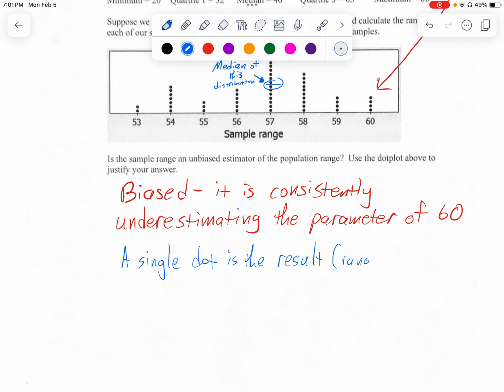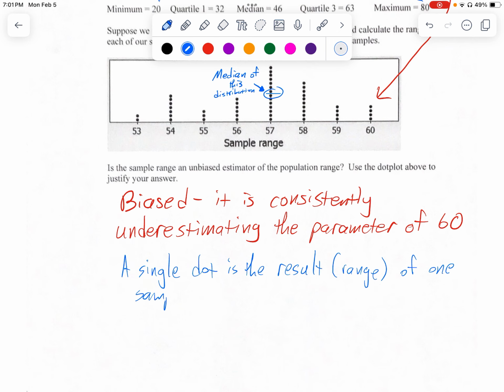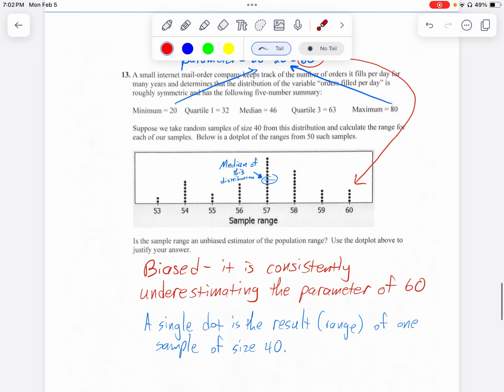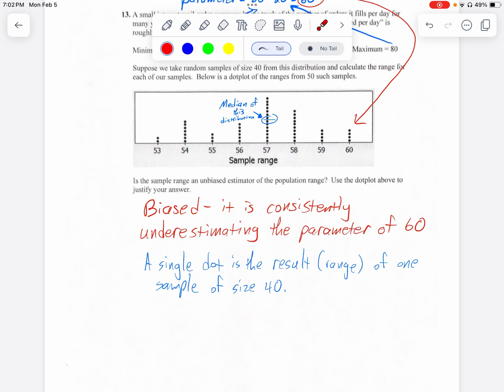It is the range of one sample of size 40, right? Because that's the sample size. They took 40 different random days, the number of orders that were filled that day. And so they'd have 40 random numbers listed down here. They'd put them in order, and then they'd find the range. They'd take the max minus the min. And then that dot would represent that.